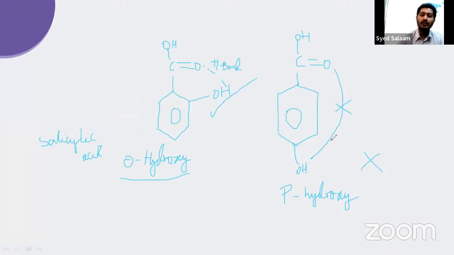Para, and even meta, are not effective because there won't be any hydrogen bonding in them. So this way, hydrogen bonding is also necessary. It's not always needed, but for certain molecules, hydrogen bonding is important for the drug to be effective. One example of that is salicylic acid.